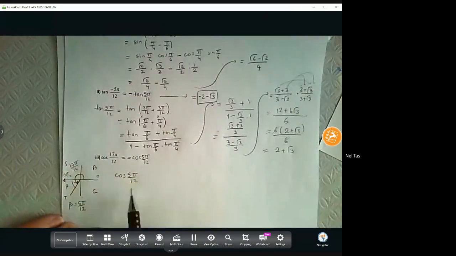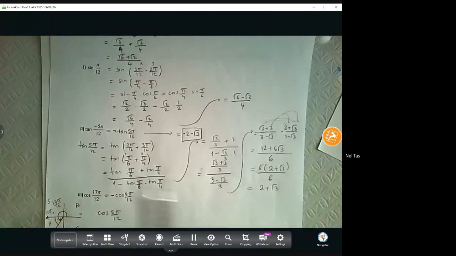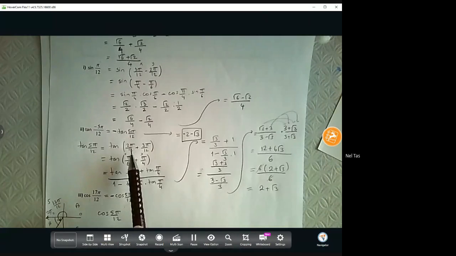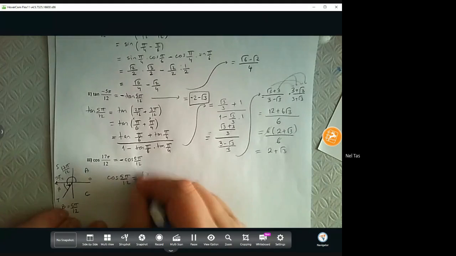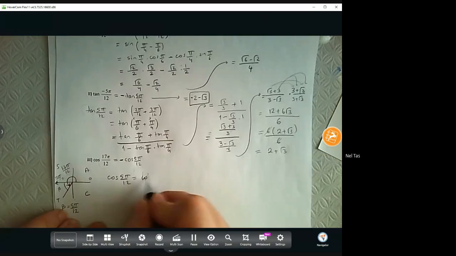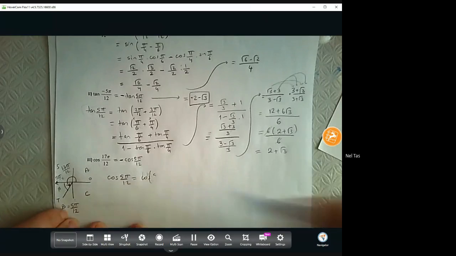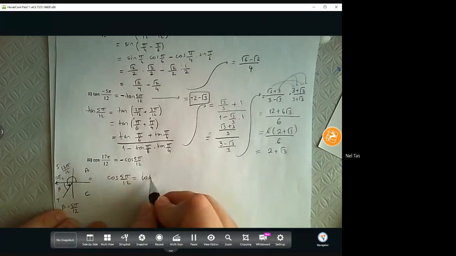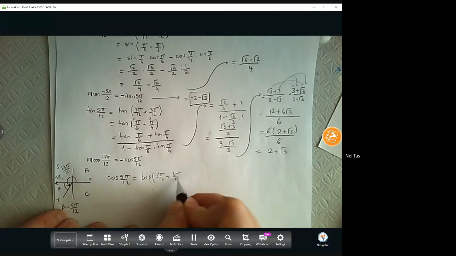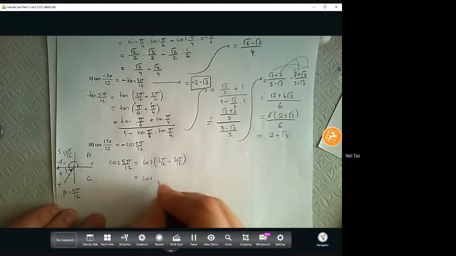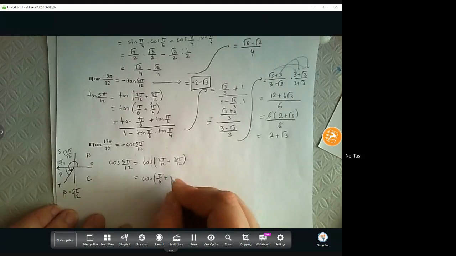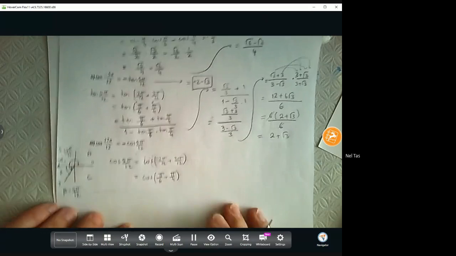Okay, 5 pi over 12, we already know, right? So we used, even with the previous example, cosine 2 pi over 12 plus 3 pi over 12. Cosine pi over 6 plus pi over 4.